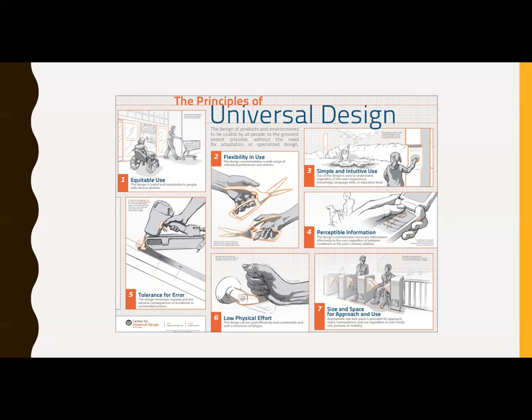Flexibility in use, so how they're going to get from point A to point B, or how they're going to use whatever that point B is, that object, that idea, that interface, needs to be flexible enough so that they can go at it multiple ways. For this, I like to use an example of navigating to a specific page on a website.